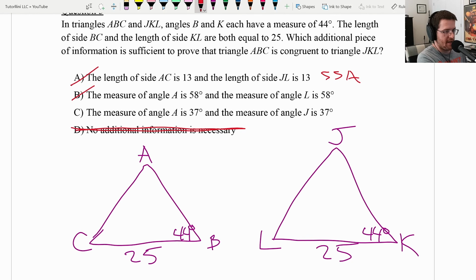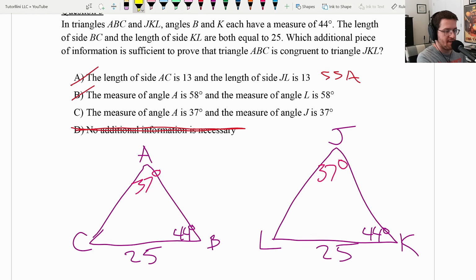So the measure of angle A is 37, and the measure of angle J is 37. Okay, that looks a lot better. See how they're in the same spot? That already bodes well, right? It's like, okay, I got another piece of information for both of them that are the same. So now the question is, does it give me one of the rules?